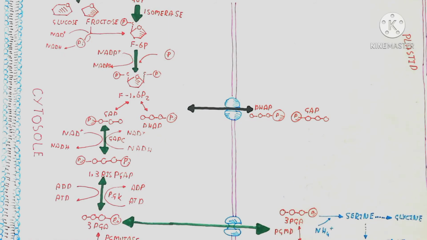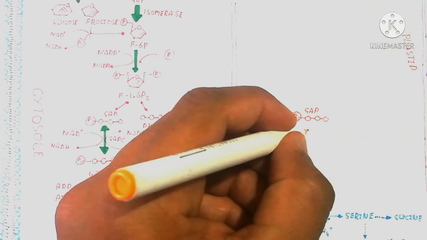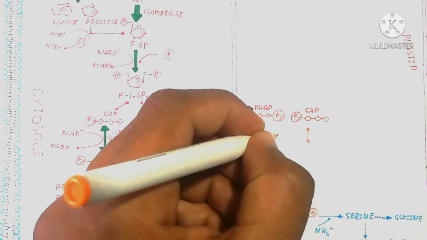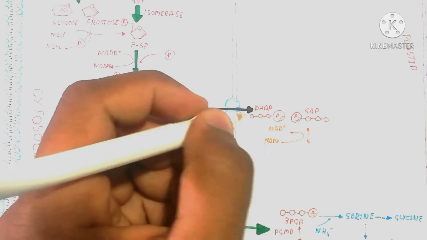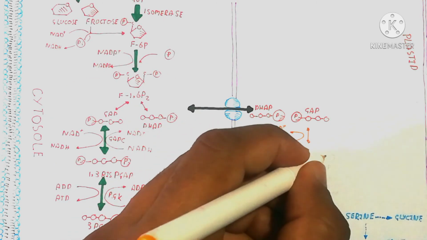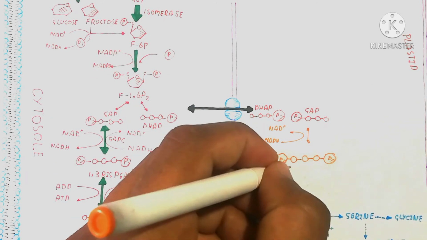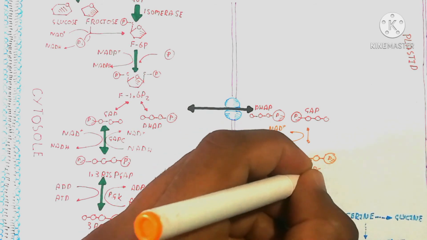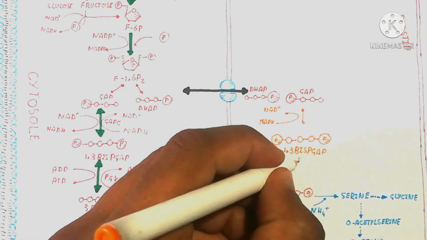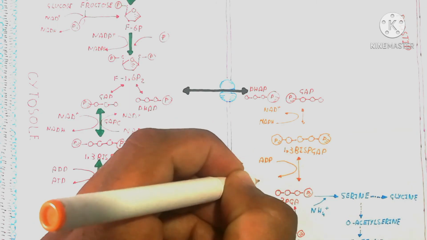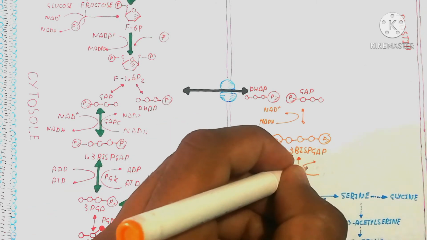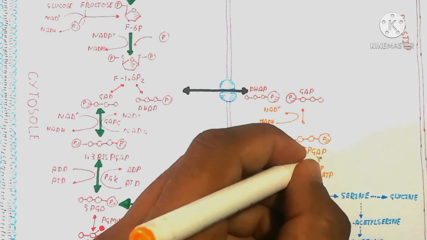If we talk about what enters the transporter of the plastid: glyceraldehyde phosphate or dihydroxyacetone phosphate, which is reduced by NADH to NAD plus, by the dehydrogenase enzyme, to produce 1,3-bisphosphoglyceraldehyde phosphate.